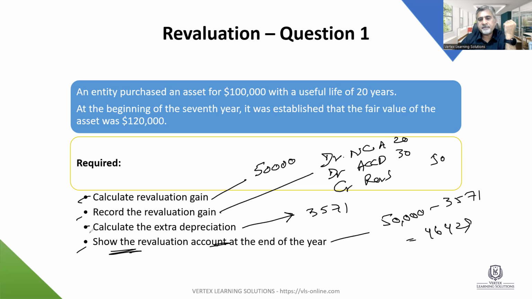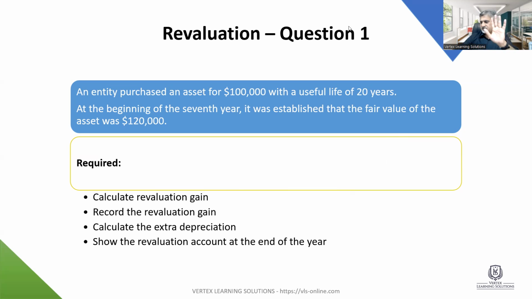Like I said in the beginning, they are not going to ask you all 4 in one question. They might ask you this number or this number or this number or this number. Whatever they ask, you should be able now to answer that question. I think that is all that I should be telling you at this stage in accounting.